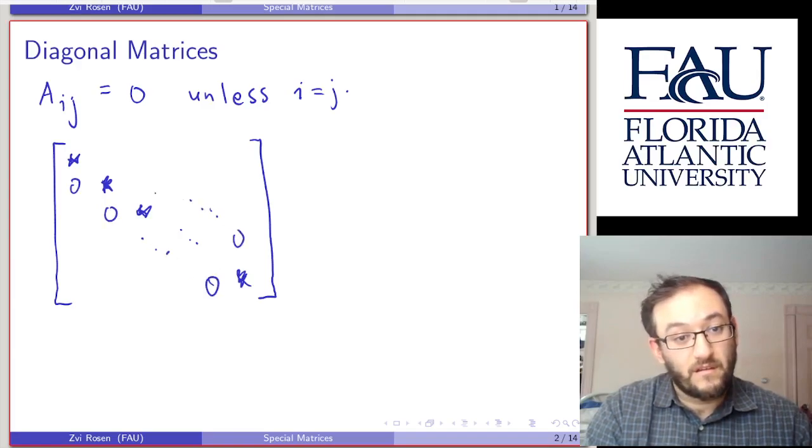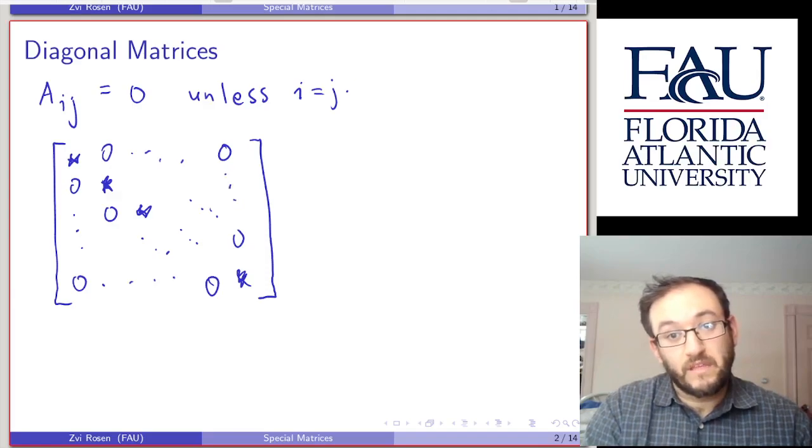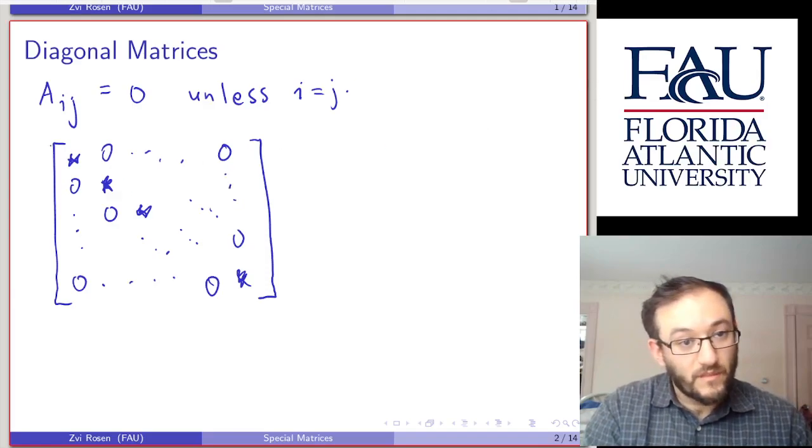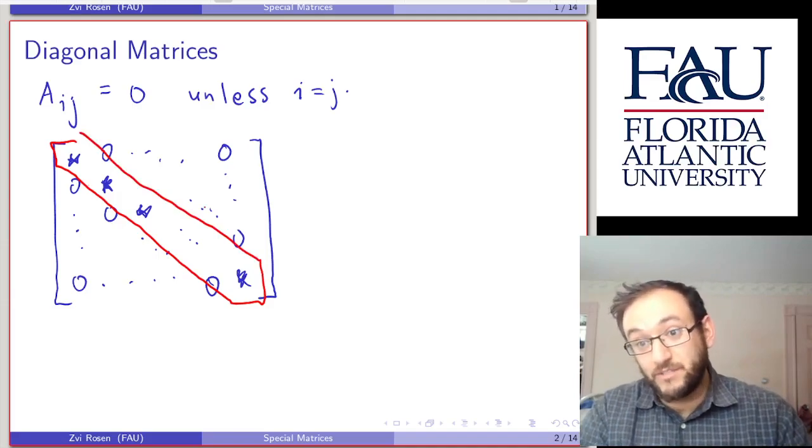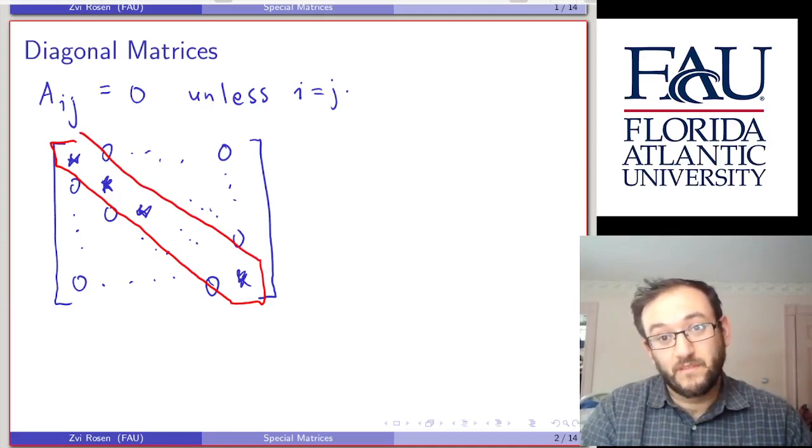Zeros here, zeros here, up here, down here, lots of zeros. So really, the only entries we're interested in are these n entries on the diagonal.